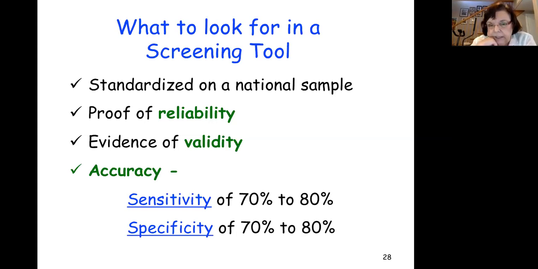And specificity is a related concept, which is that it correctly identifies 70% or more of the children who are progressing developmentally appropriately. So they aren't really inverse. They are two distinct characterizations.